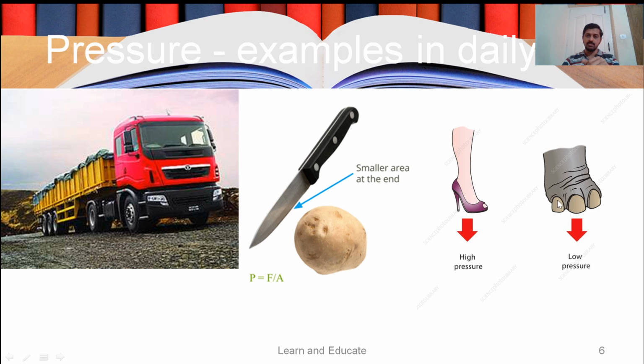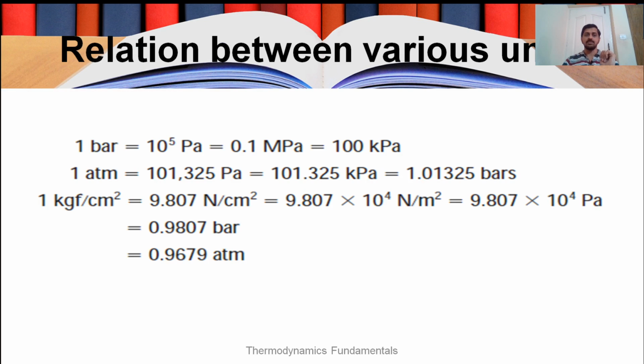Then the pressure acting on a high heel footwear and a flat footwear: there will be high pressure in the high heel since the area of contact is very small, but in the flat footwear the area of contact is pretty high, so pressure will be less. These are the common day-to-day examples we experience regarding pressure.